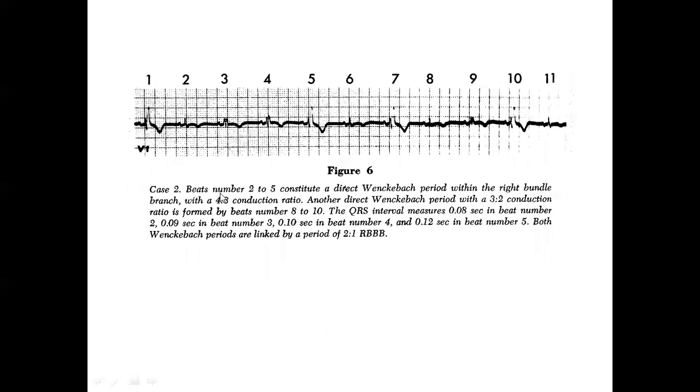These authors claim that normal conduction, slightly right bundle, little more right bundle, complete right bundle branch block. And they are claiming that this is Wenckebach phenomenon within the right bundle branch. Normal, slightly more, complete right bundle branch block.